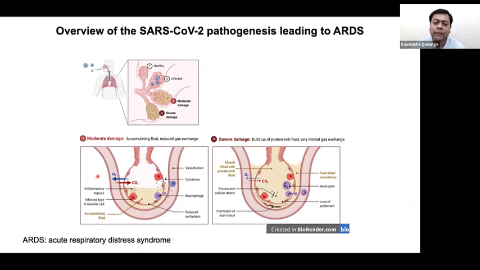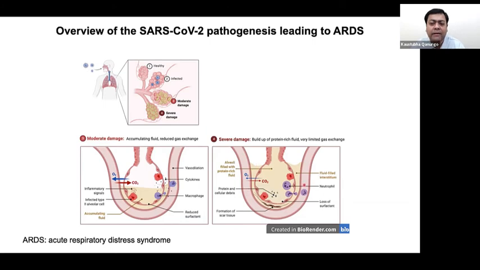This is due to the inflammatory response because you have more blood flow into that region that increases the amount of tissue fluid. This is the same thing. You have vasodilation, you have more water coming into that area, and it partially fills up this alveolus with water. This is basically the pulmonary edema. Now you have much less surface for the gaseous exchange, and that is the moderate damage.